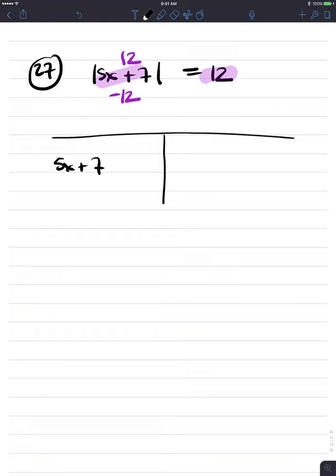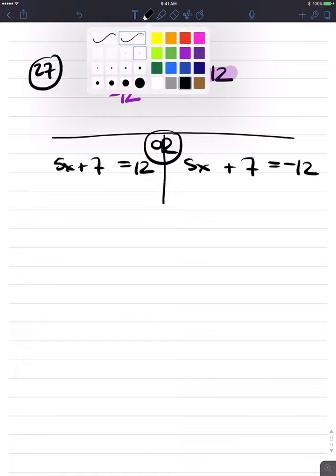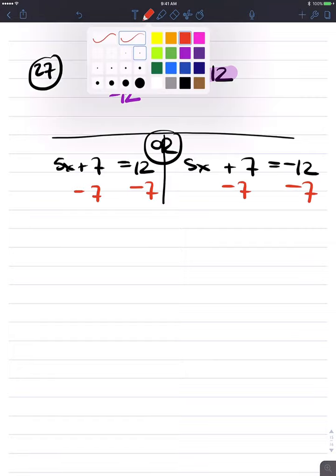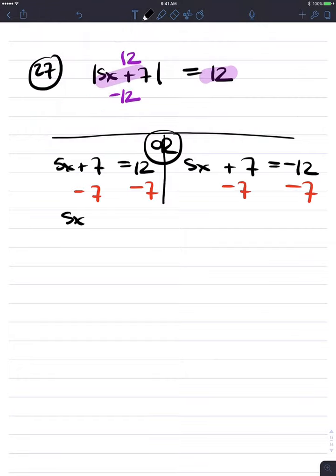5x plus 7 is positive 12. 5x plus 7 is negative 12. Two equations we have to solve. Subtract 7 from both sides for both equations. We end up with 5x is 12 minus 7, which is 5, and 5x is negative 19.